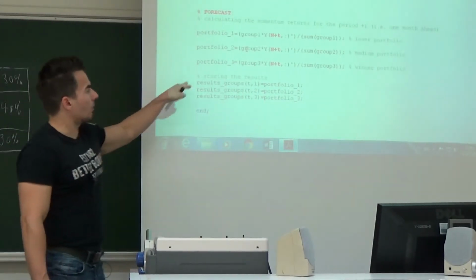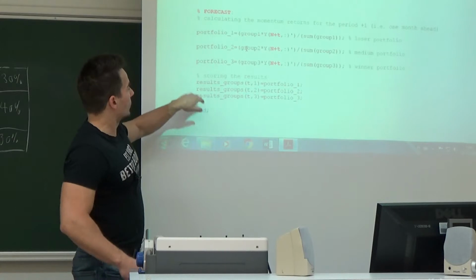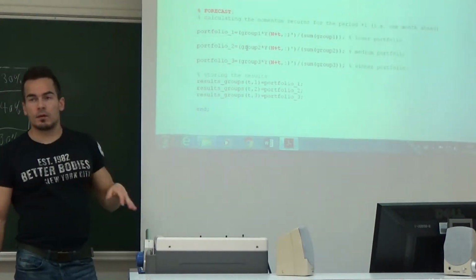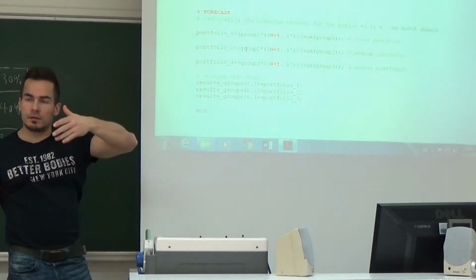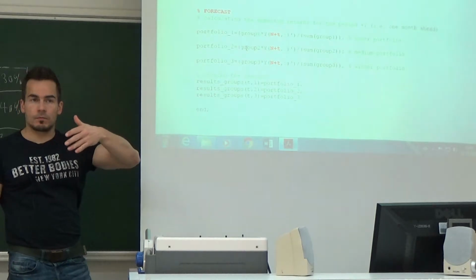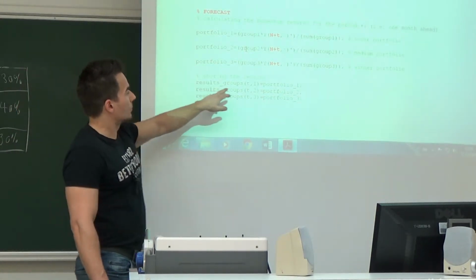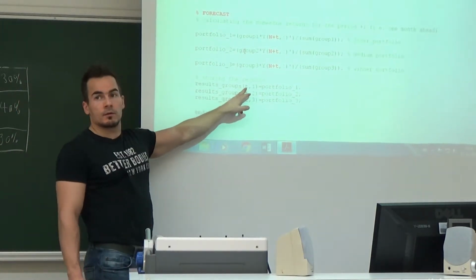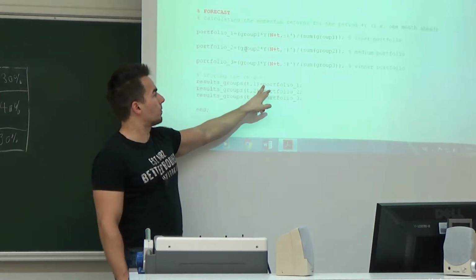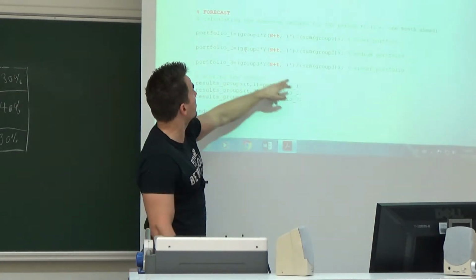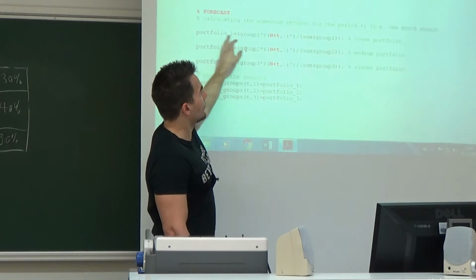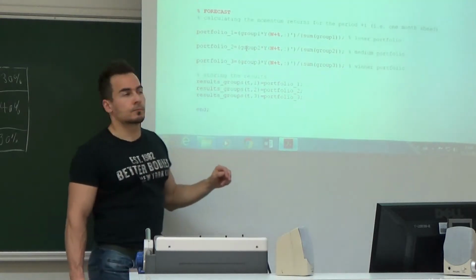So then we want to store the results. So you remember our results underscore group matrix is a capital T minus n by 3 matrix. Yeah. In the first iteration, T is 1, so the element 1, 1 in this matrix should be portfolio underscore 1, and that's, according to this line here, the return of the loser portfolio in the first iteration.